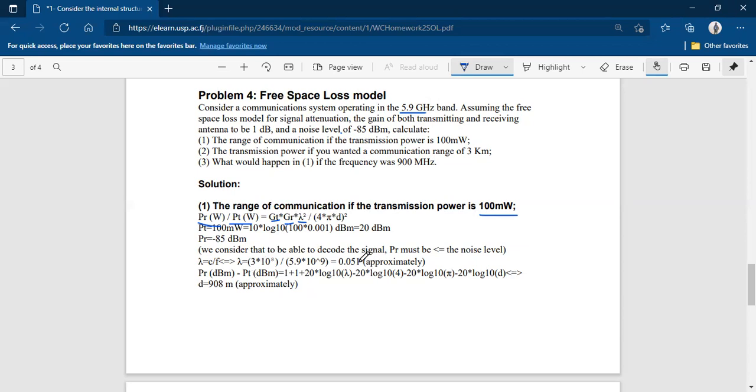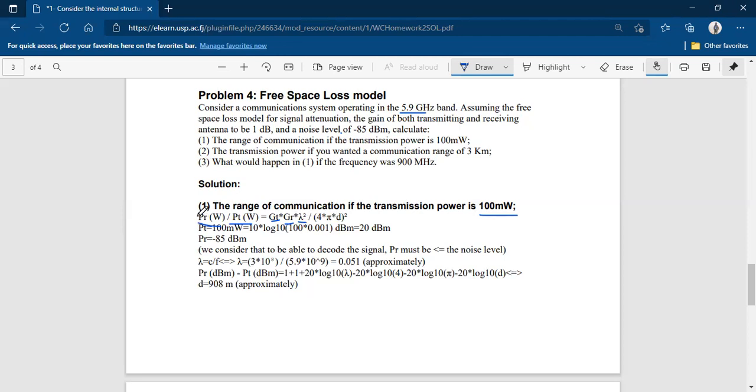Okay. Now we have all our values in dBm, and we have our lambda in our standard units. So now what we need to do is take the log of both the sides.